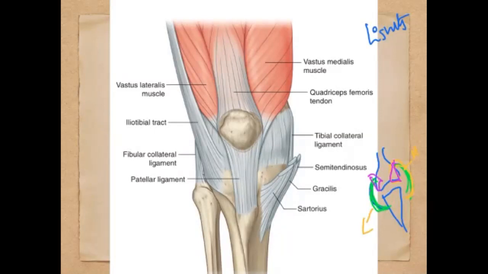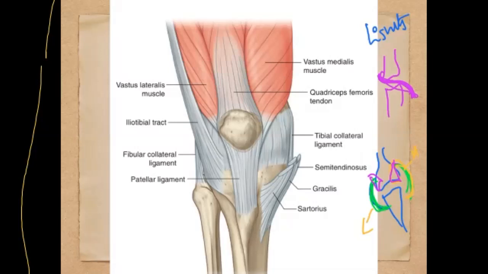In the posterior aspect there is the oblique popliteal ligament, from semimembranosus. Thickening of the semimembranosus fascia is the oblique popliteal ligament, and many more.